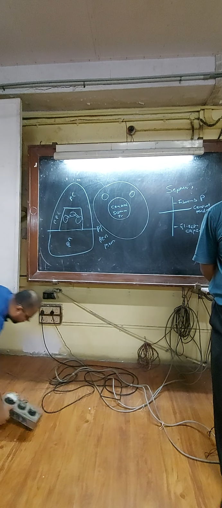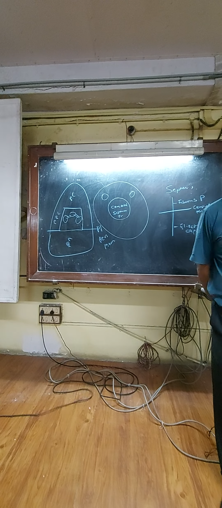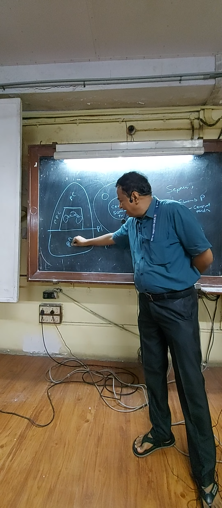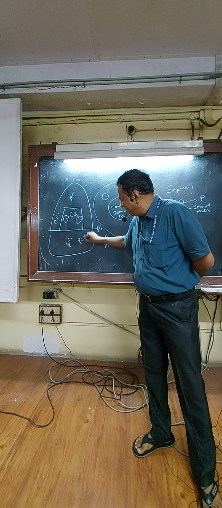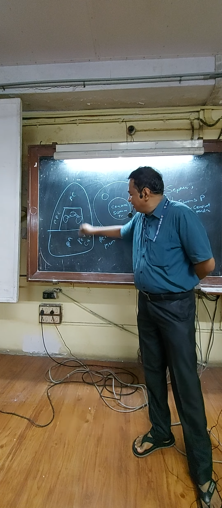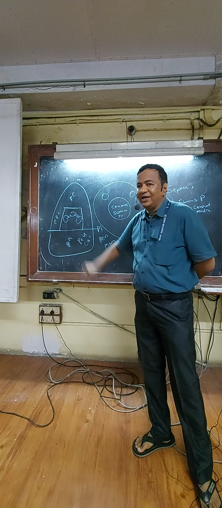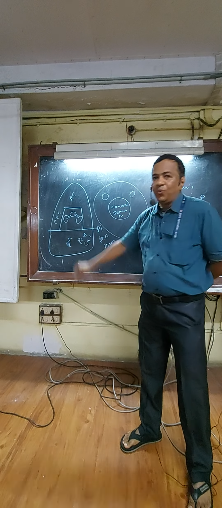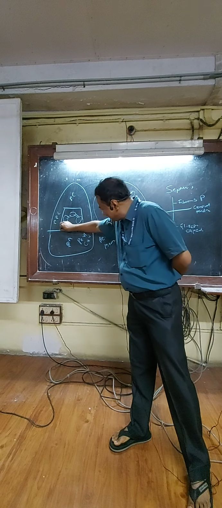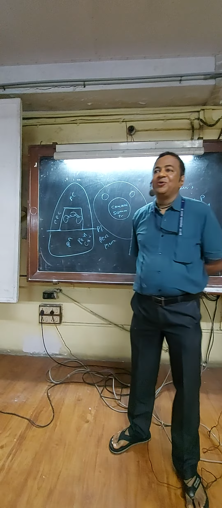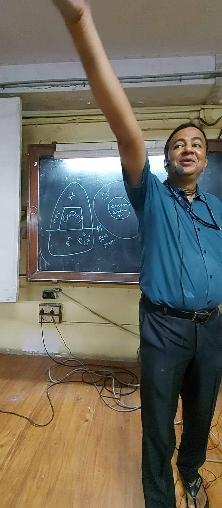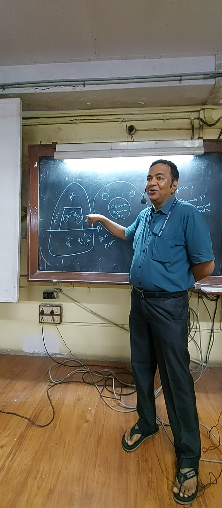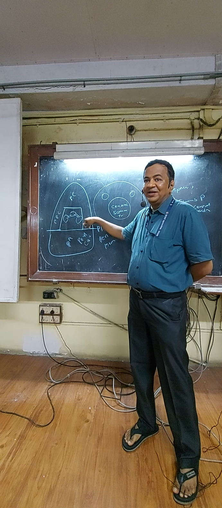They cut off the connection of the pericardioperitoneal canals from the pericardial cavity. This is the pericardial cavity, this is the peritoneal cavity. What are these membranes? Pleuroperitoneal membranes. What are these canals? Pericardioperitoneal canals.